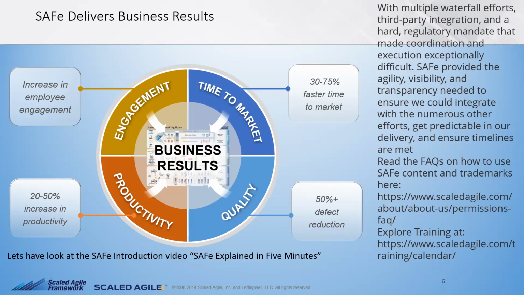With multiple waterfall efforts, third party integration, and a hard regulatory mandate that made coordination and execution exceptionally difficult, Scaled Agile provides the agility, visibility, and transparency needed to ensure that we could integrate with numerous other efforts to get predictable in our delivery and to ensure timelines are met.